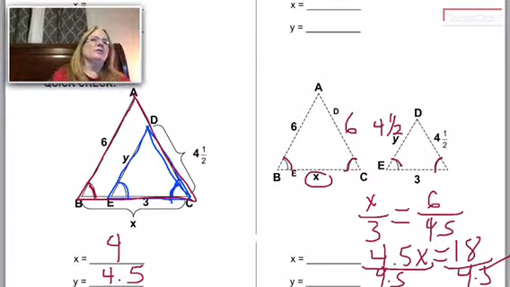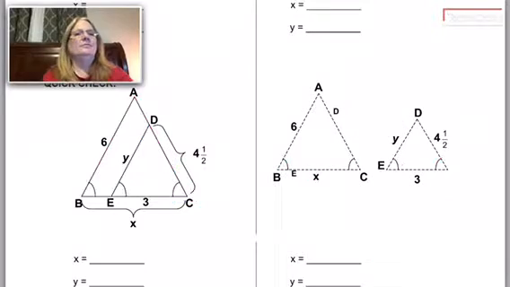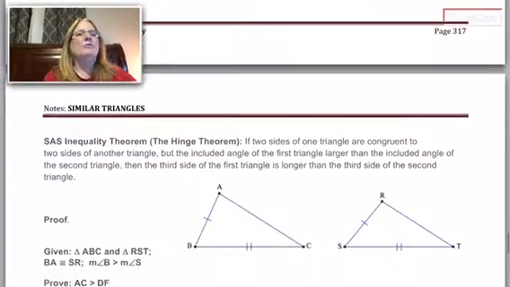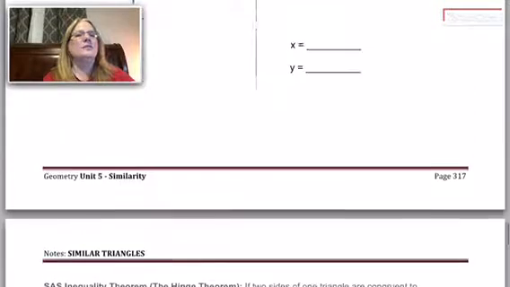So x is 4 and y is 4.5. And we're actually going to stop here. We're not going to do the hinge theorem at this time. So that's the end of the video.